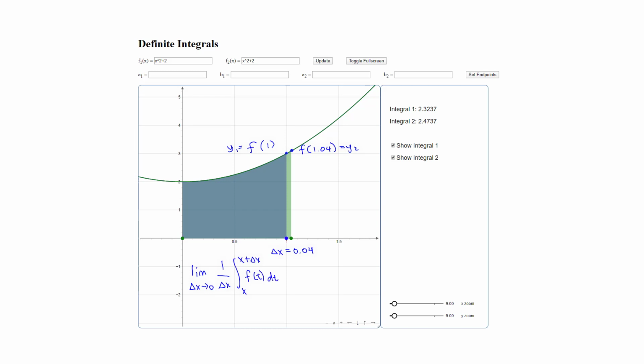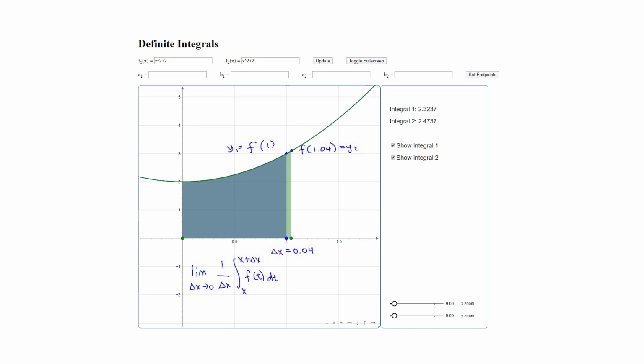So this right here, the integral from x to x plus delta x is effectively that green area. So if I could calculate that green area, which we could come up with, then I took that area and divided it by delta x.